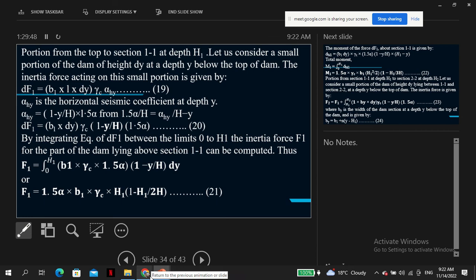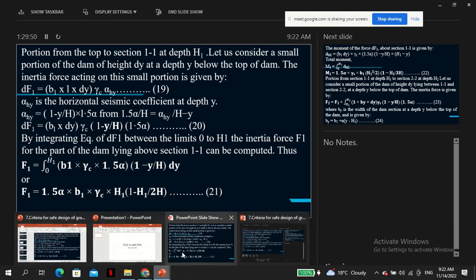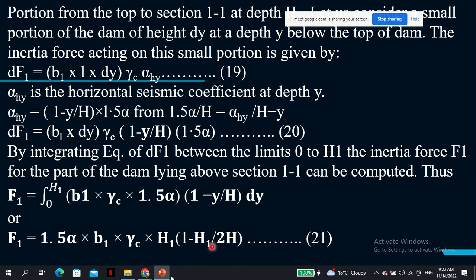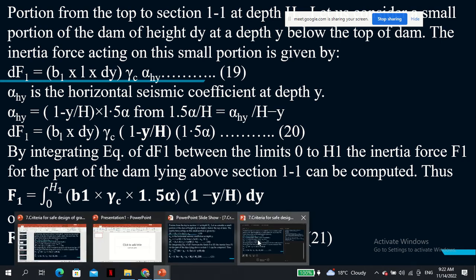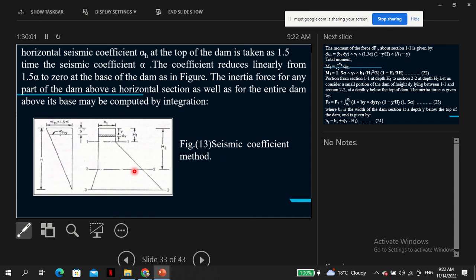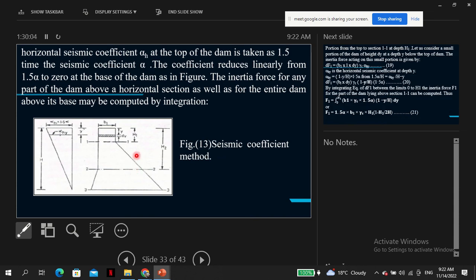The idea here is to show you, if you want the force acting on any section, not including the entire section of the dam, that's the point. For example, if you are only interested in the force from here to 2, excluding this lower part, you see.